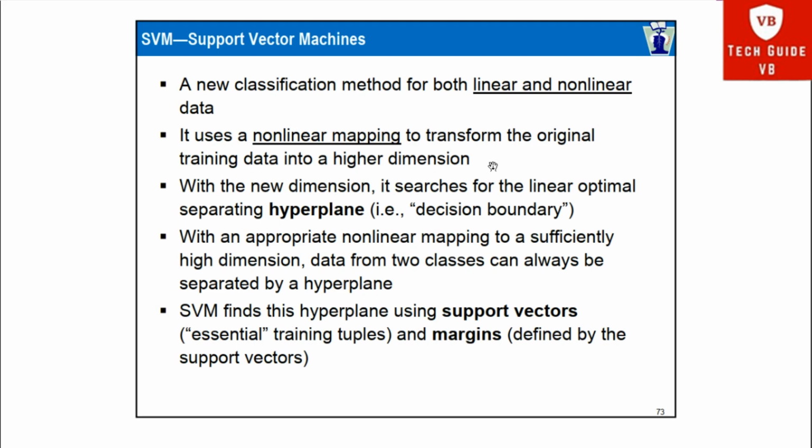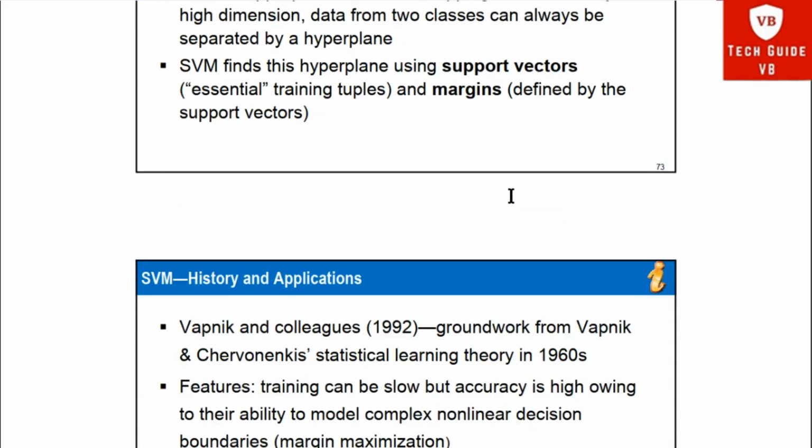So two terms are very important in SVM, support vectors and the margins. With the help of these, the hyperplane is generated. So how it works, we will see.